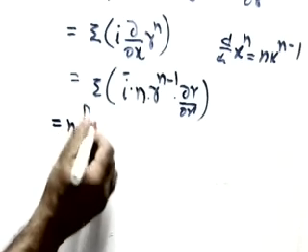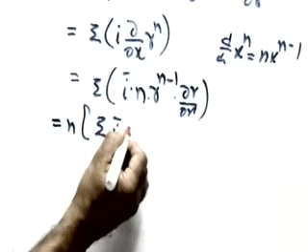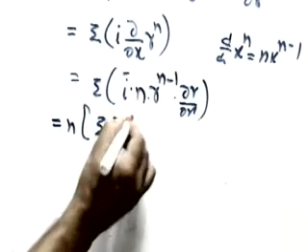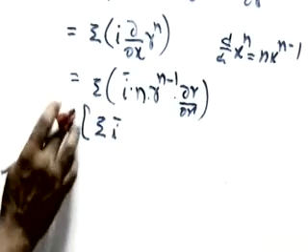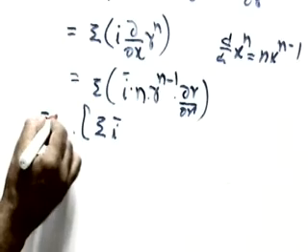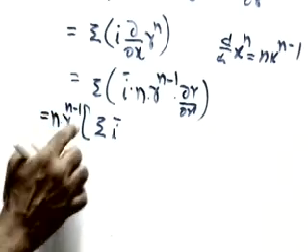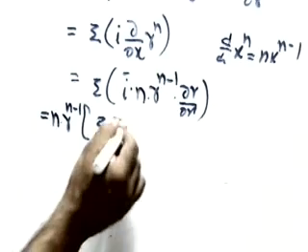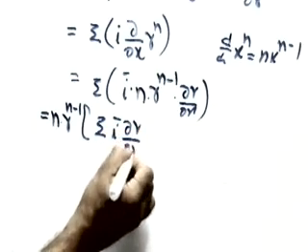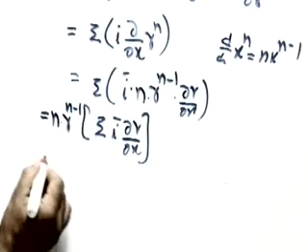Now let me take n outside. n is constant, we can take it out. What is left here is sigma i into r power n minus 1, and r power n minus 1 is also constant, so we can take this outside too: n into r power n minus 1. What is left here is sigma i into dou r by dou x.